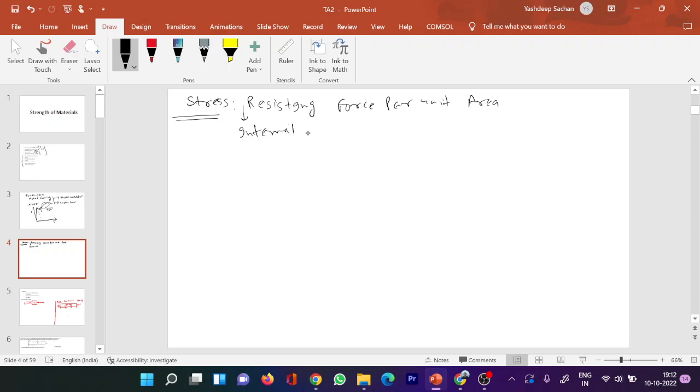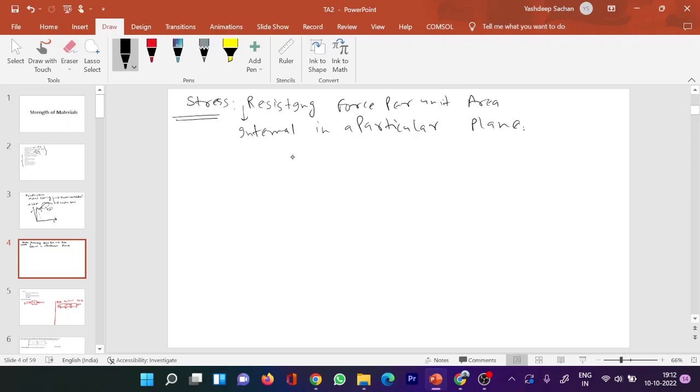And it depends on the plane. When we change the plane, stress will keep on changing. We will see that in the Mohr circle diagram: when the plane changes, stress changes, and how much it changes also depends on the plane.